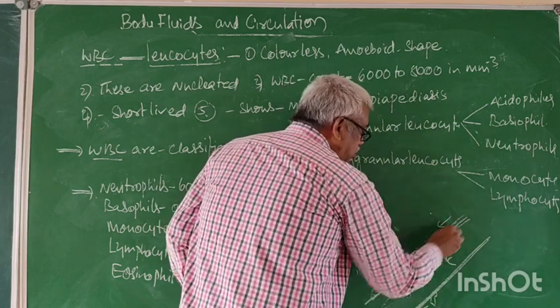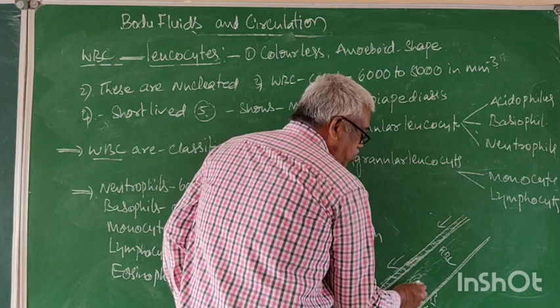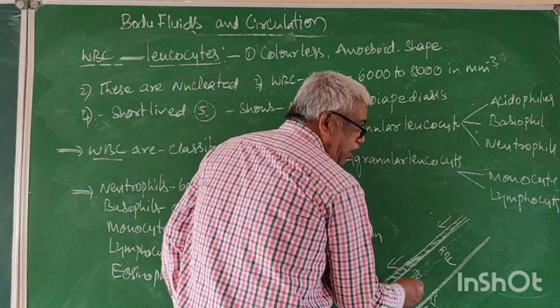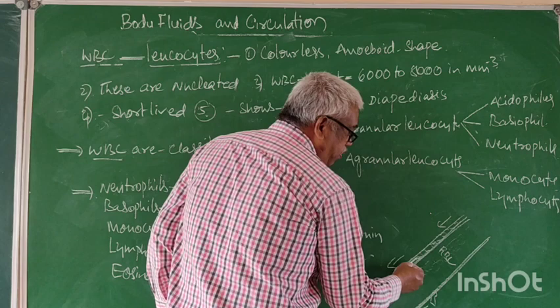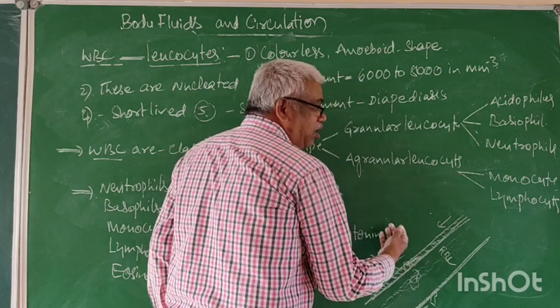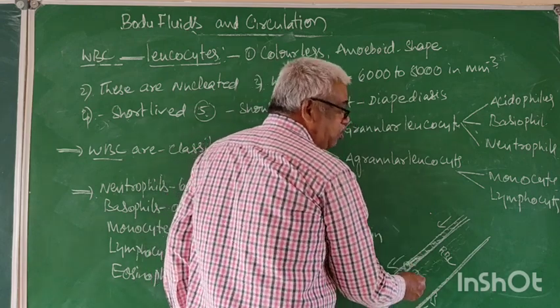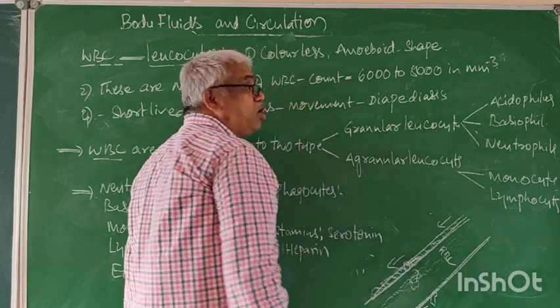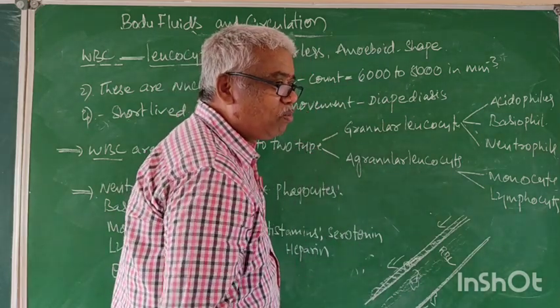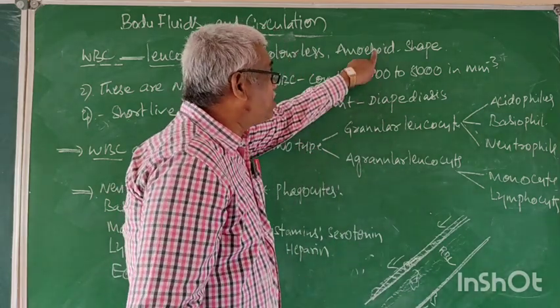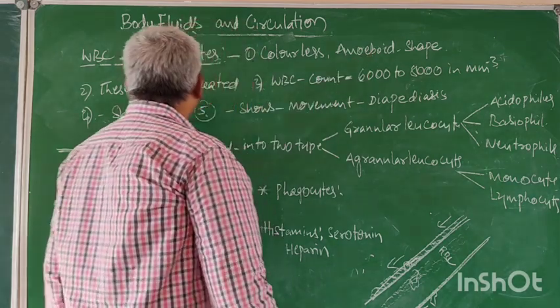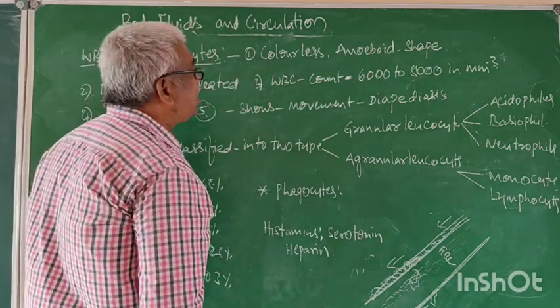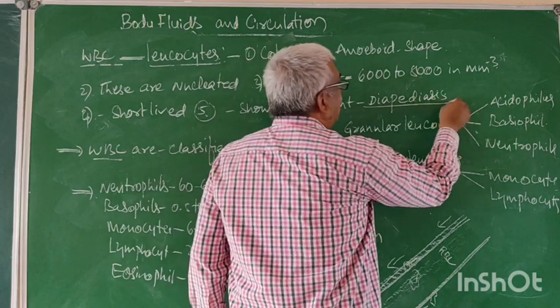Sometimes, this is the wall. This is the pseudopodia. So with the help of pseudopodia, it penetrates the wall. Due to this, the WBC shows movement due to presence of pseudopodia. This movement of WBC is called as diapedesis.